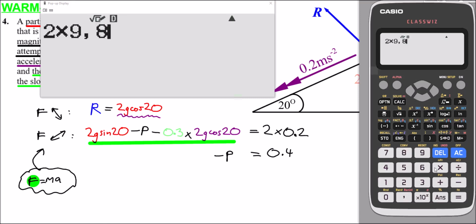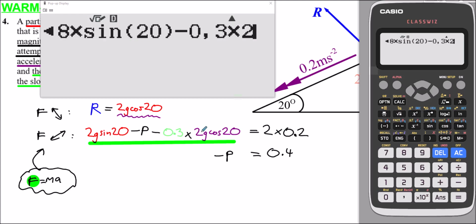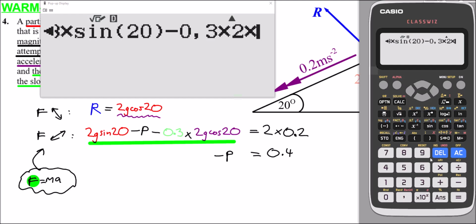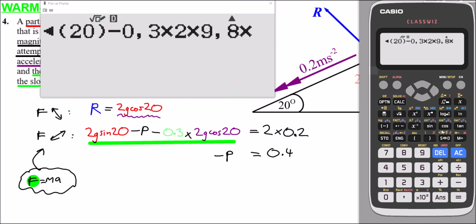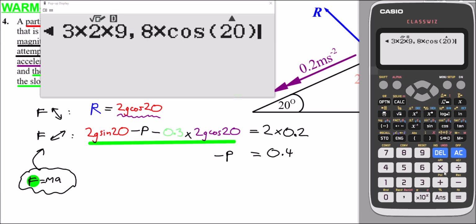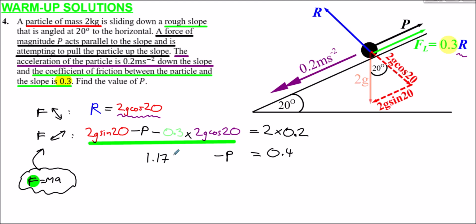So 2 times 9.8 multiplied by sine 20, close brackets, then minus the 0.3 multiplied by 2, multiplied now by g, so multiplied by 9.8, then multiplied by cosine 20, close brackets. That gives us a value of 1.178, and so on and so on. So 1.178, and so on, minus P equals 0.4.